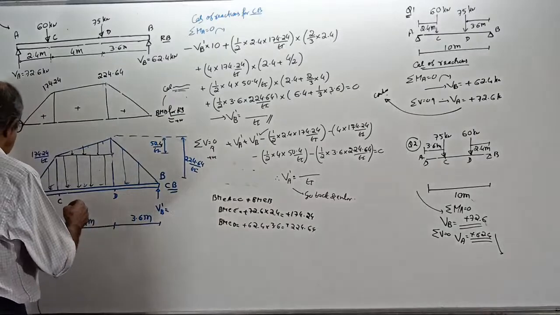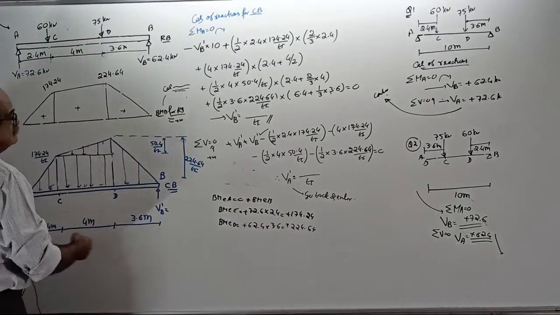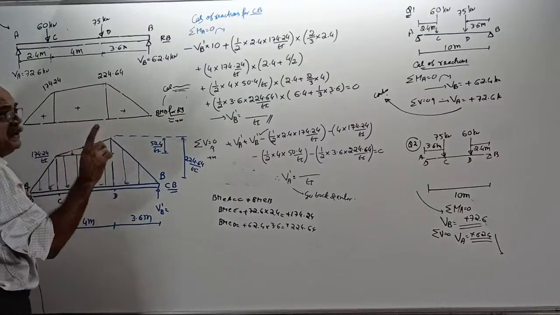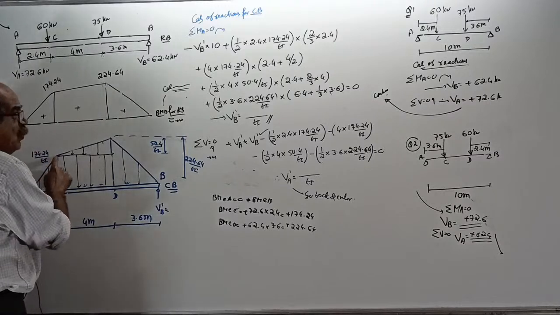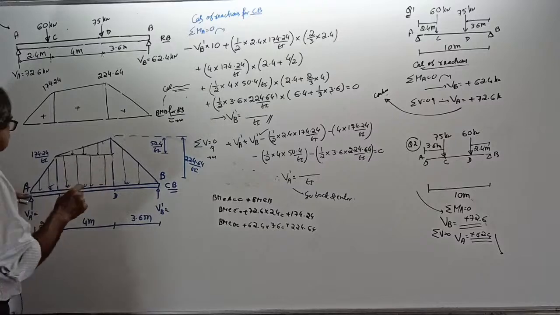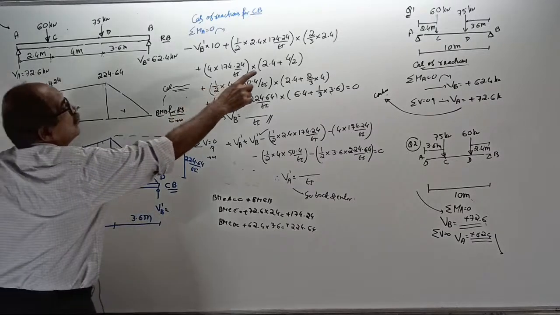See, start. Take moment about A. Minus VB dash into 10. Anti-clockwise. Because moment calculation. Plus, see, this triangle load. Half into 2.4 into 174.24 is the total load into 2/3 of 2.4. Okay.